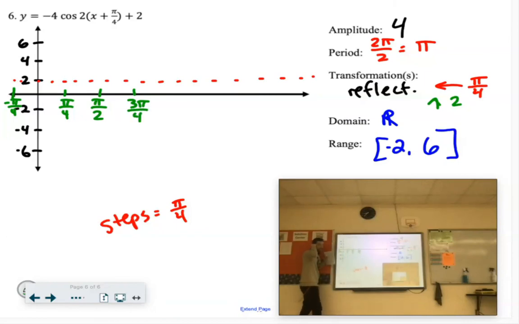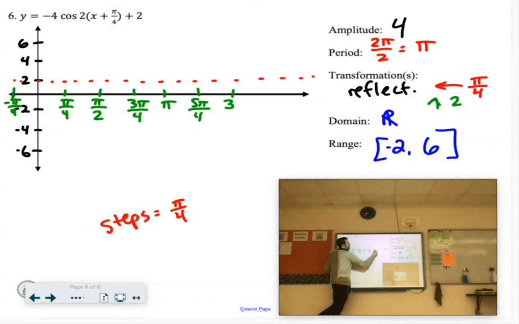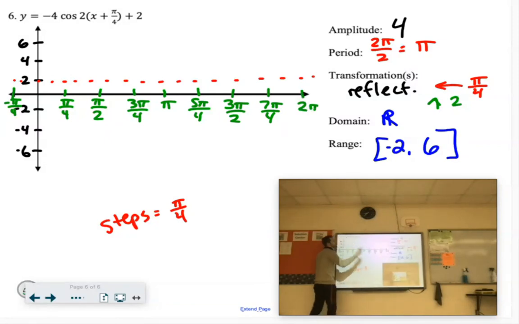And that's enough for one cycle, but we're too cool for that. Now we have 4 pi over 4, which is pi. 5 pi over 4. 6 pi over 4 reduces to 3 pi over 2. 7 pi over 4. And 8 pi over 4 would be 2 pi. This is going to give us plenty.